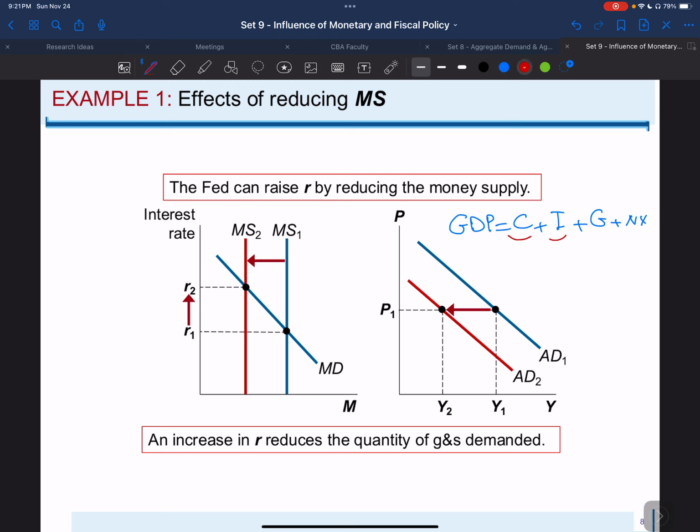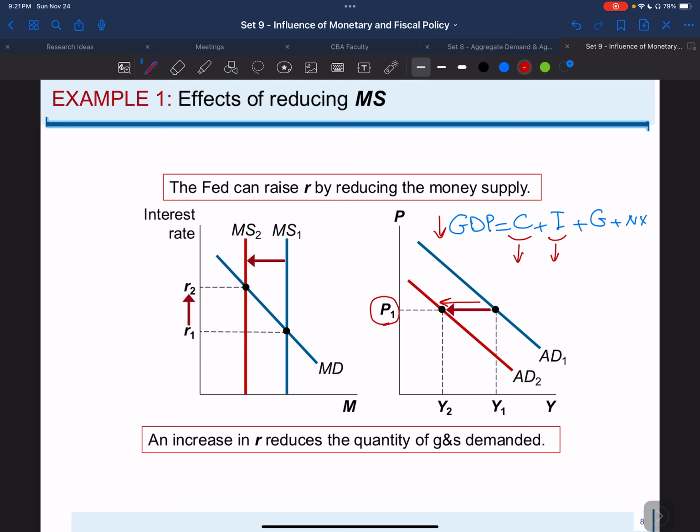So it's going to affect these two factors, reducing them, and as a result, GDP will reduce, and the total demand, the aggregate demand, will shift to the left at any given price.